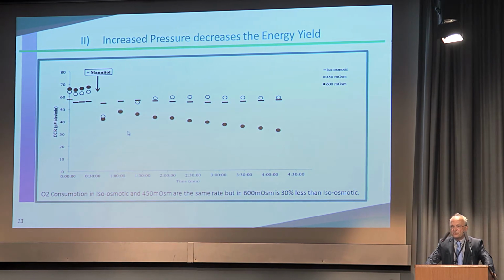That's one of the two hallmarks of the Warburg effect. The second, I'm not going to show you the slide in order to be shorter, but you have an increase in glucose uptake. So the Warburg effect appears to be caused, at least in this model, by increased pressure.